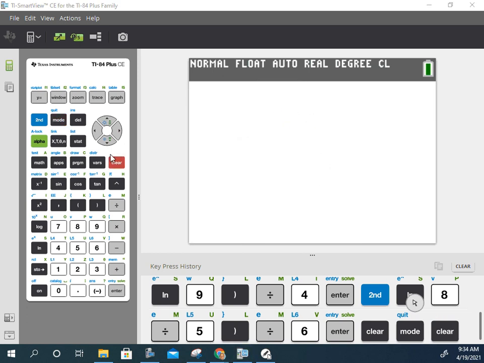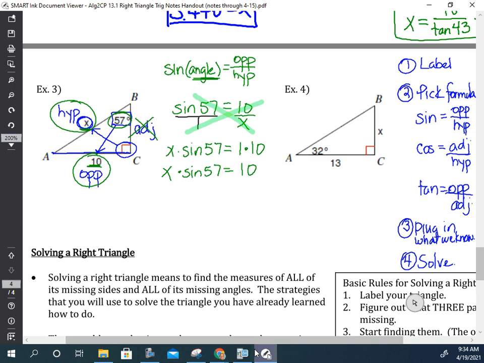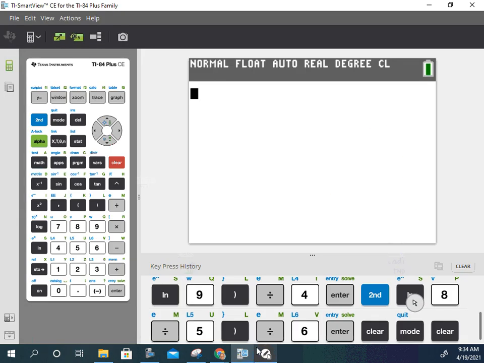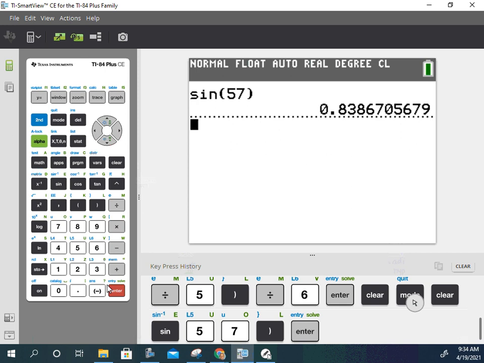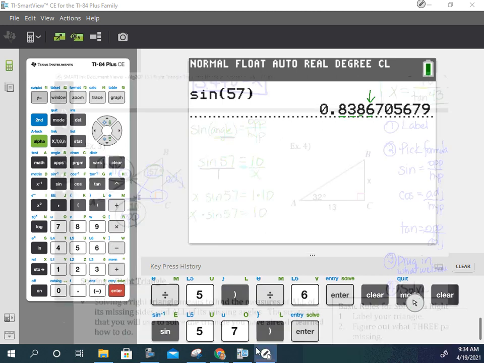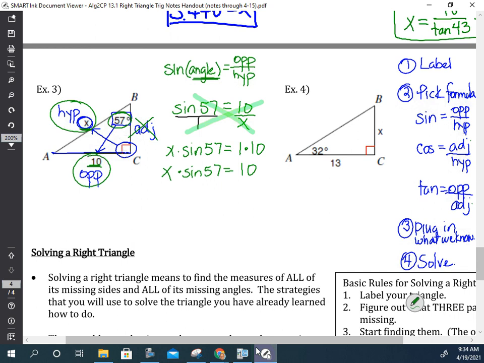So we're looking at sine of 57 degrees. Sine 57 is 0.8386. So that 6 is going to force the 8 to become a 9. That's 0.839. So 0.839 x equals 10. You still have to get x by itself.